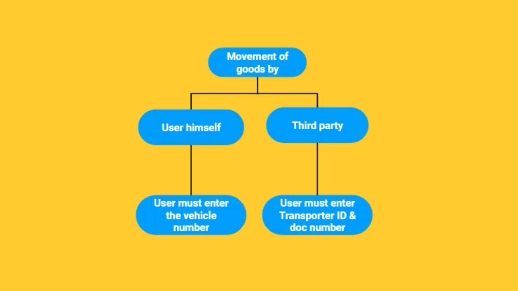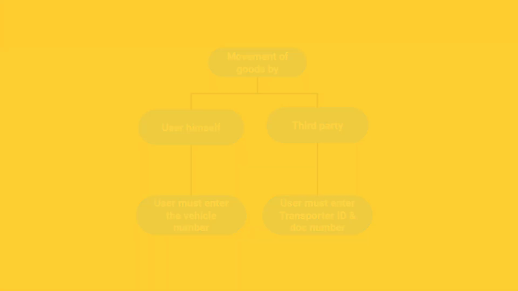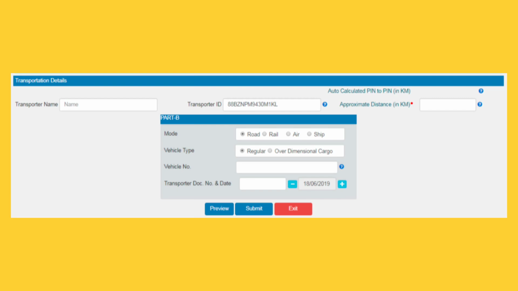If the transporter ID is entered, the generated e-way bill will be forwarded to the concerned transporter login account, allowing the transporter to enter the vehicle number while goods are getting moved. Either of the details has to be mentioned for Part A slip of e-way bill, that is, either transporter name and transporter ID, or vehicle number, transporter document number and date, and mode of transport through which consignment is being transported.